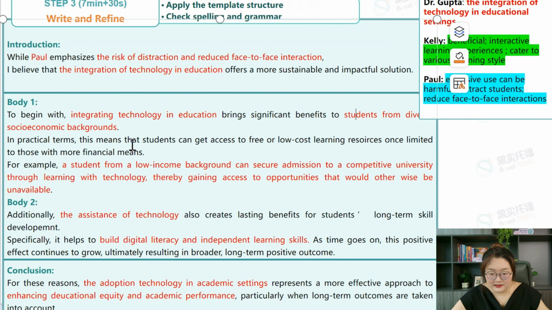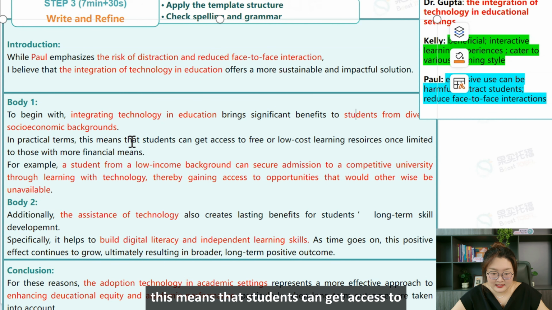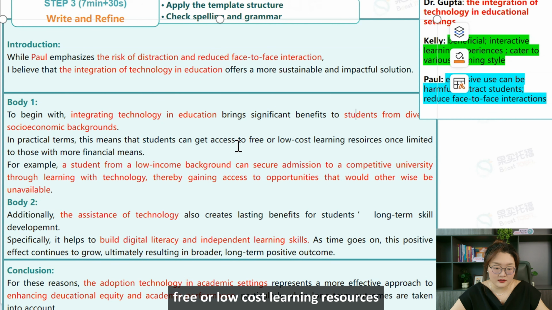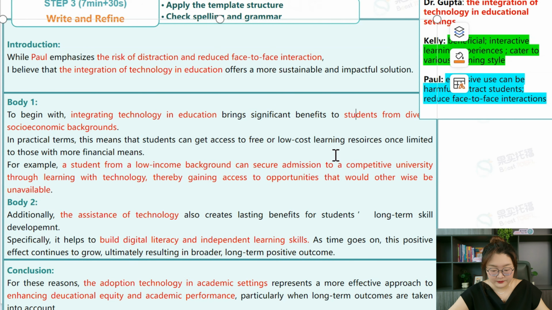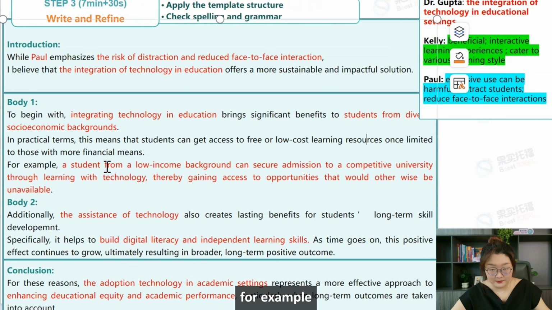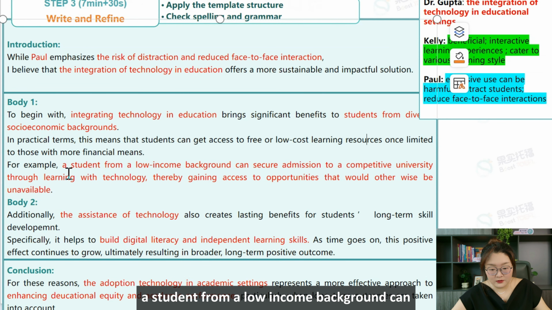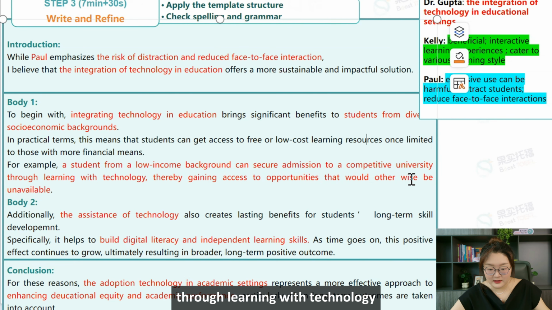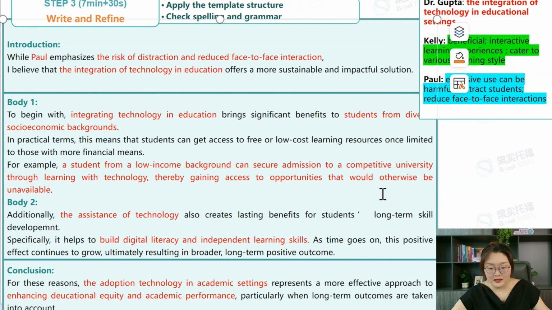In practical terms, this means that students can get access to free or low-cost learning resources, once limited to those with more financial means. For example, a student from a low-income background can secure admission to a competitive university through learning with technology, thereby gaining access to opportunities that would otherwise be unavailable.